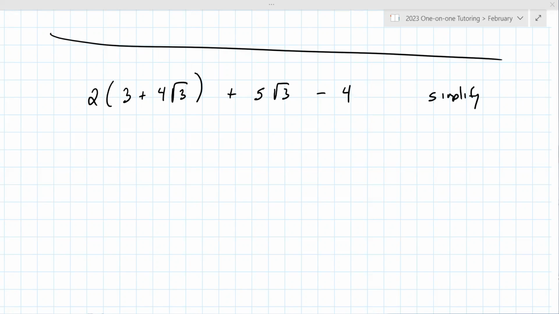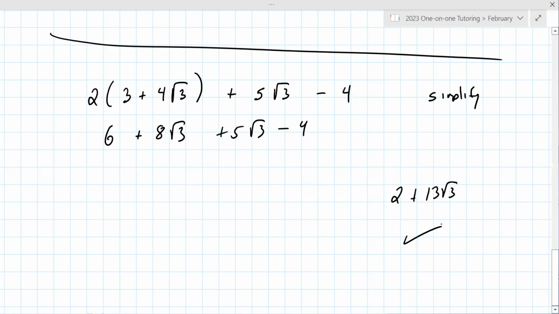Is it 2 plus 3√3? Is that your final answer? Oh wait, no. 2 plus 13√3. Okay, this looks pretty good. So it's 6 plus 8√3 plus 5√3 minus 4. And yes, that is correct.